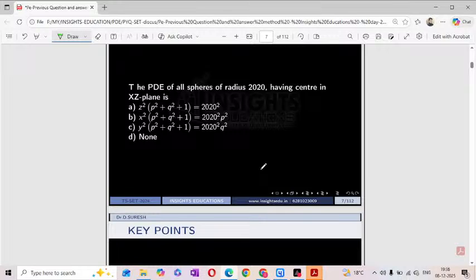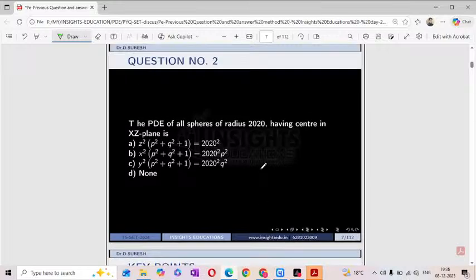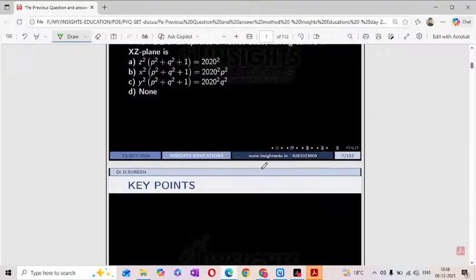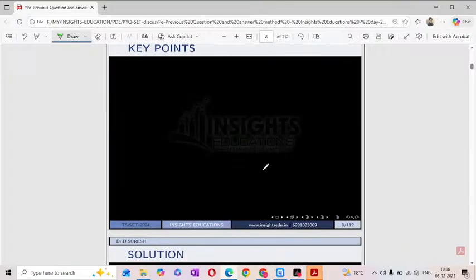Next one, the partial differential equation of all spheres of radius 2020 having center on xz plane. So this is very simple. Directly now we'll use the shortcuts. Now the key points here: first of all we'll discuss center on xy plane. If the center is on xy plane, assume the radius is 3.